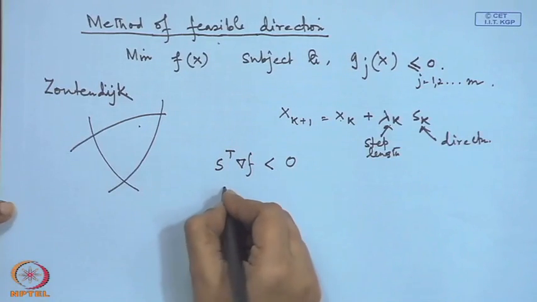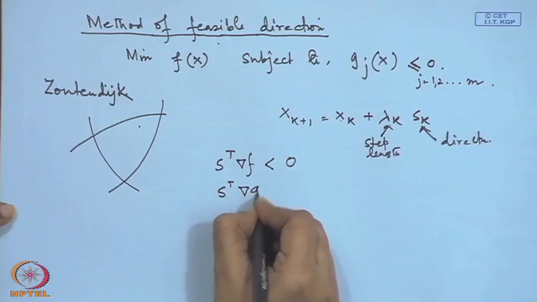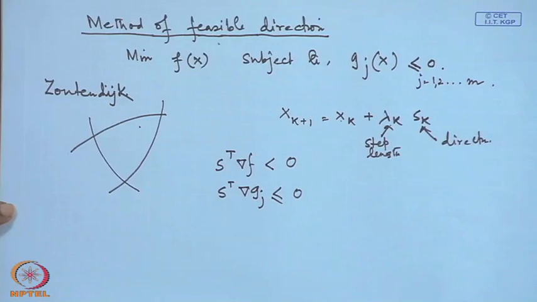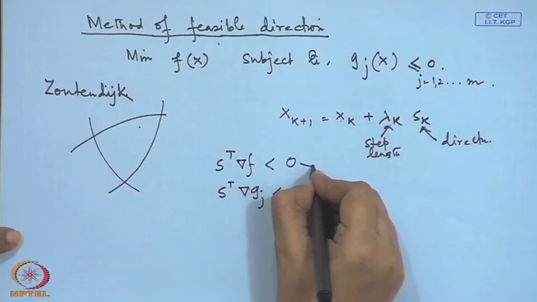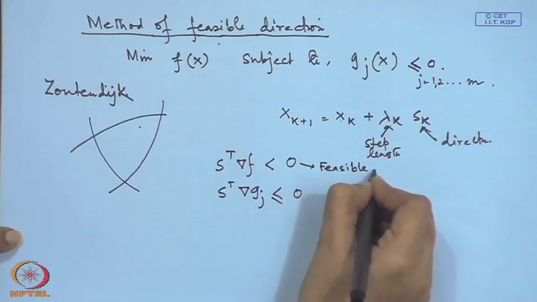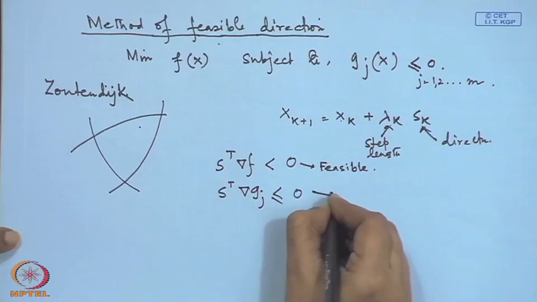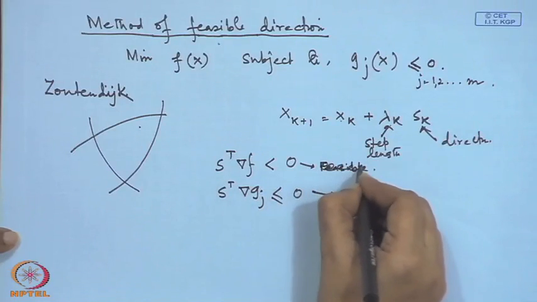Not only that, we also considered that S transpose grad of Gj is always less than or equal to 0, which also makes an obtuse angle for the minimization problem. Now, Zoutendijk said that this direction is the feasible direction, and if I move with this condition, no, sorry, this is not the feasible direction, that is the descent direction.